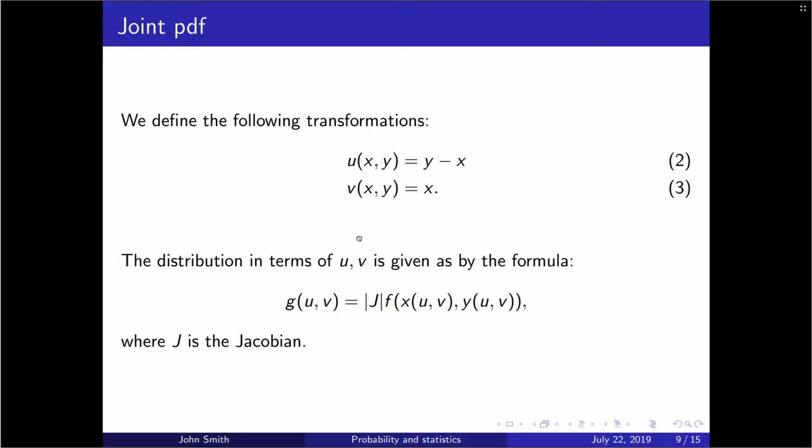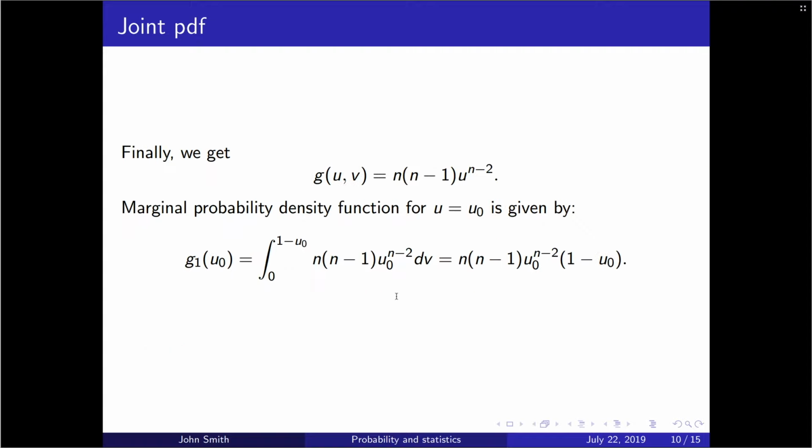Now, we use the theorem from calculus that tells us how the new joint probability density function, labeled g, is expressed in terms of the old probability function. Applying the theorem gives us the density function we are looking for. Remember, n is the size of the sample we are looking at, the quantity of numbers we pick from the unit interval in just one experiment.